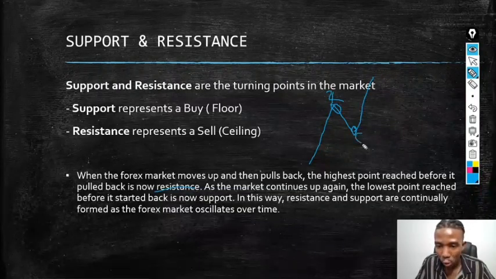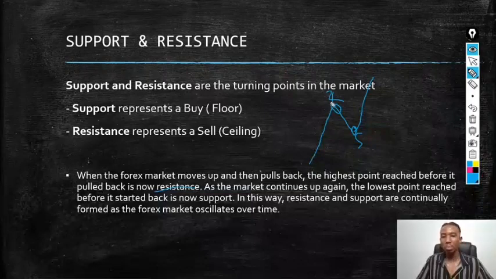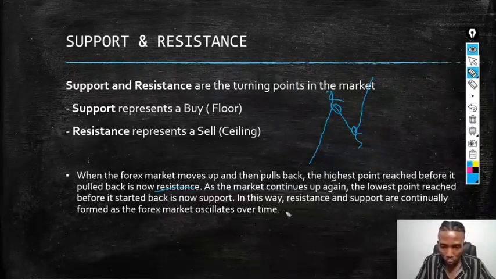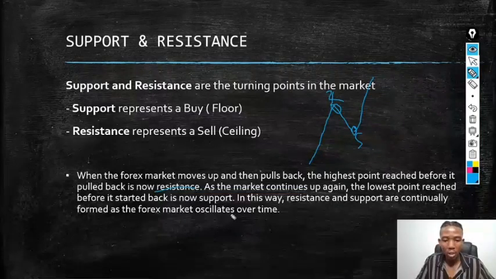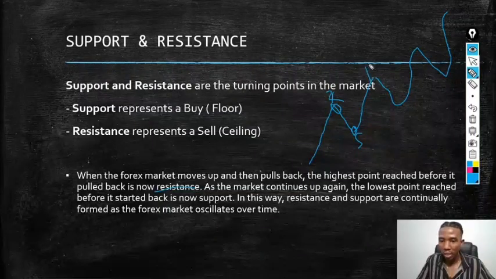And right here would be our support, meaning the highest point would be our resistance and the lowest point would be our support. So in this way, resistance and support are continuously formed as the market oscillates over time, meaning as the market oscillates like this, we identify the highest point as resistance and the lowest point as support.